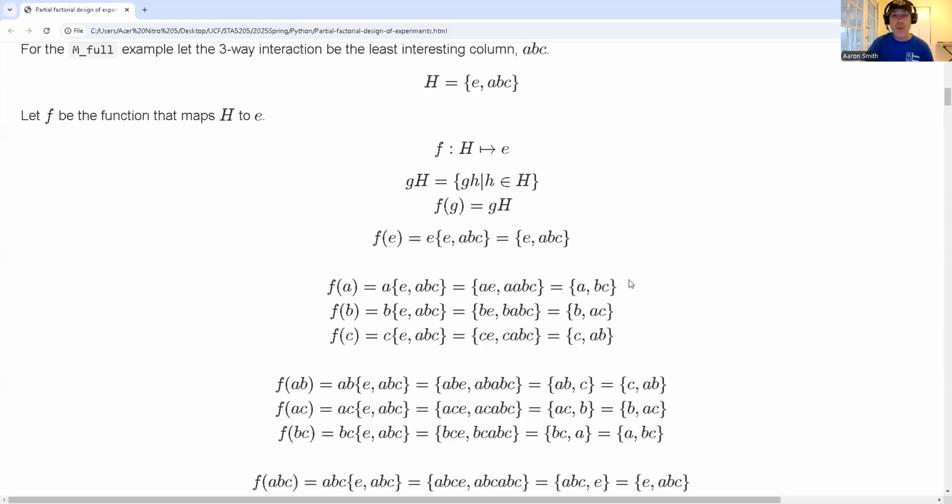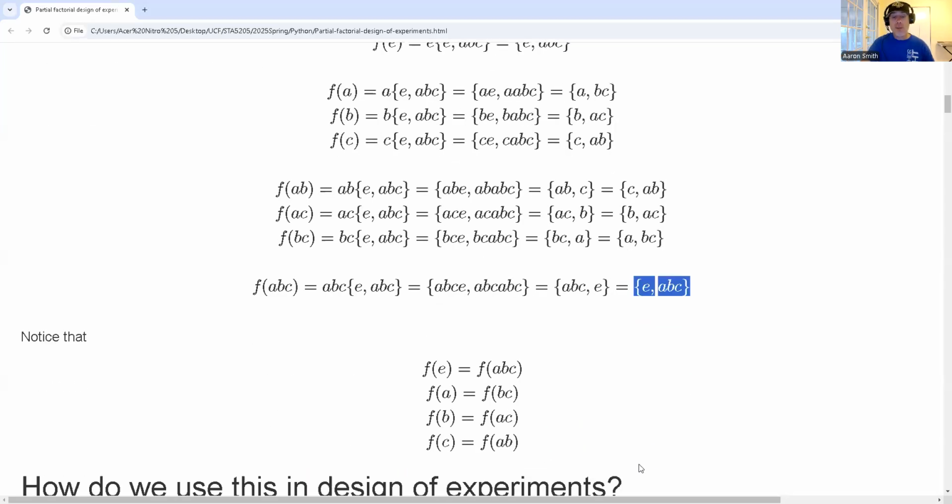So I can see that f of A is going to be equal to f of the interaction between B and C. F of B is going to be equal to the f of the interaction of AC, and f of C is equal to the image of the interaction of AB. All right. And you'll notice that f of ABC ends up being the same as the image of f of E. So let's go ahead and write that out.